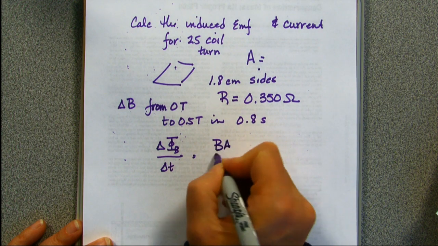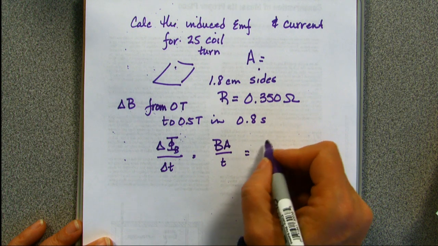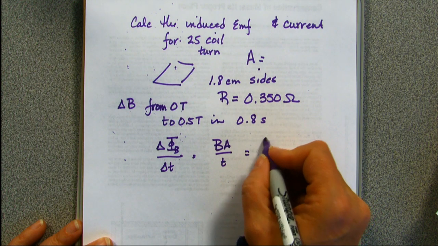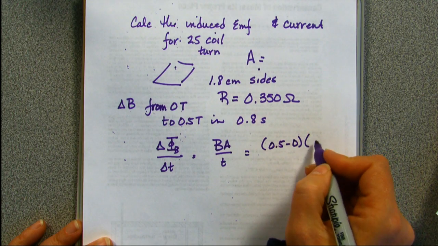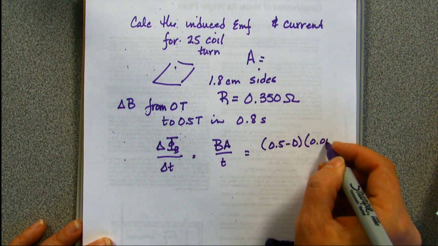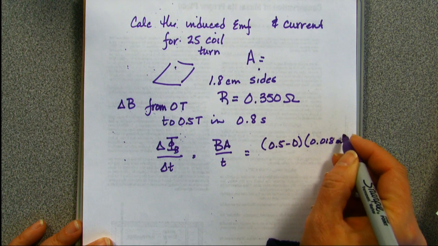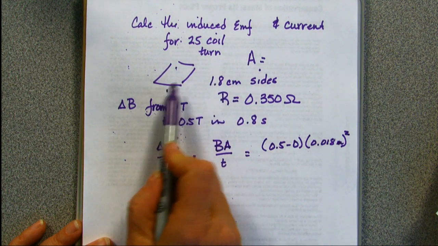So I've got to look at my change in flux with respect to time, which is going to be B times the area over time. My magnetic field is going to go from 0 to 0.5. For my area, I have to convert 1.8 centimeters to 0.018 meters, squared, because if that's a square side, it's that times that.